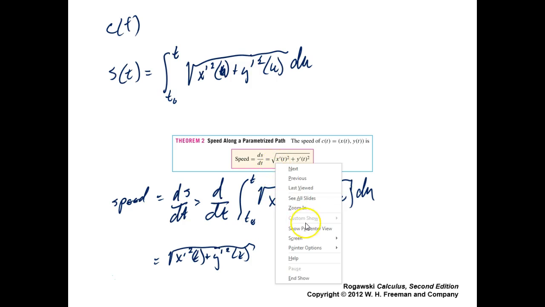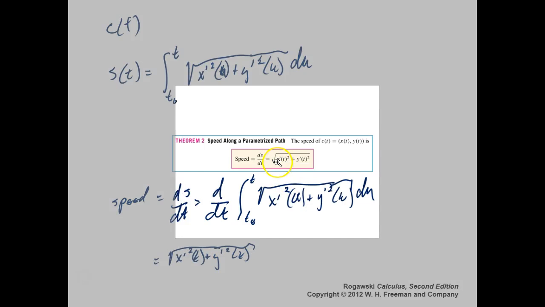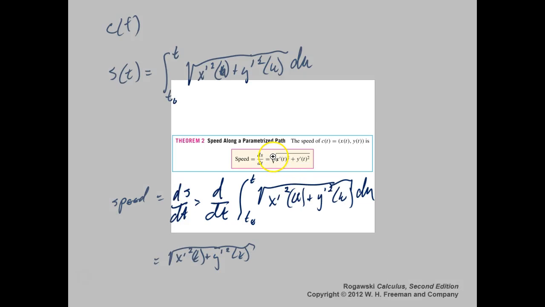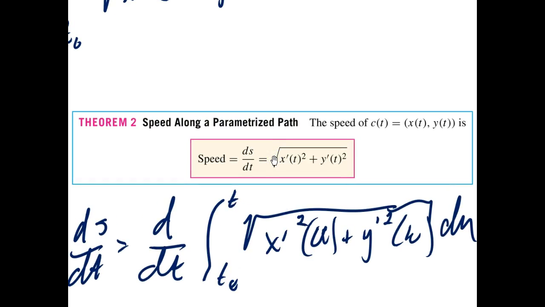Okay, so I'm going to blow this up. We've just derived what they came up with here. The speed along a parameterized path, the speed along a curve, c of t, where c of t is x of t, y of t. Don't like the wording here.